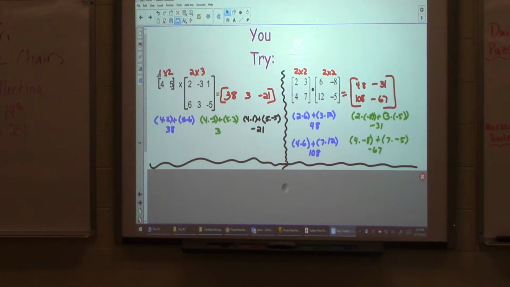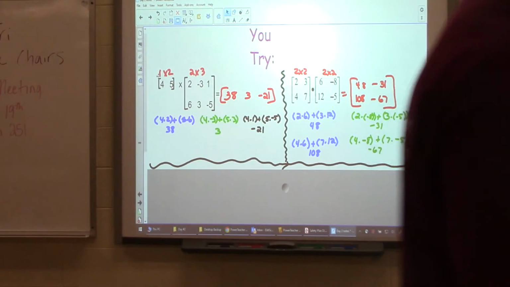If you're struggling with either of the bottom two, or you still have a question on the top two, feel free to raise your hand. I'm more than happy to help you. Talk to a friend nearby, ask them for help, anything of the sort. But don't just sit there.